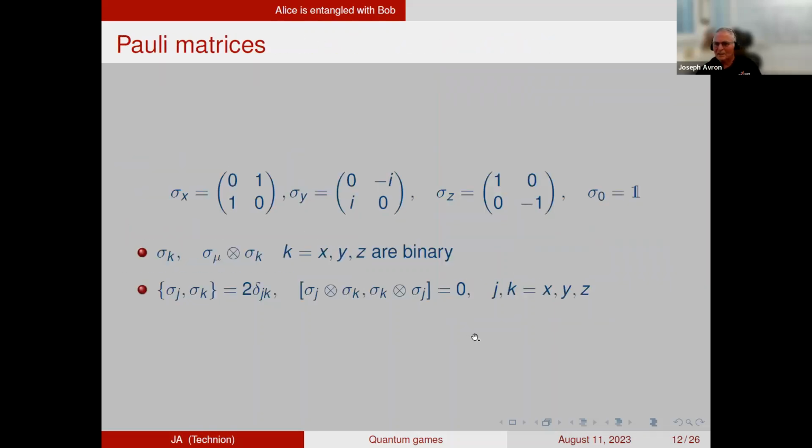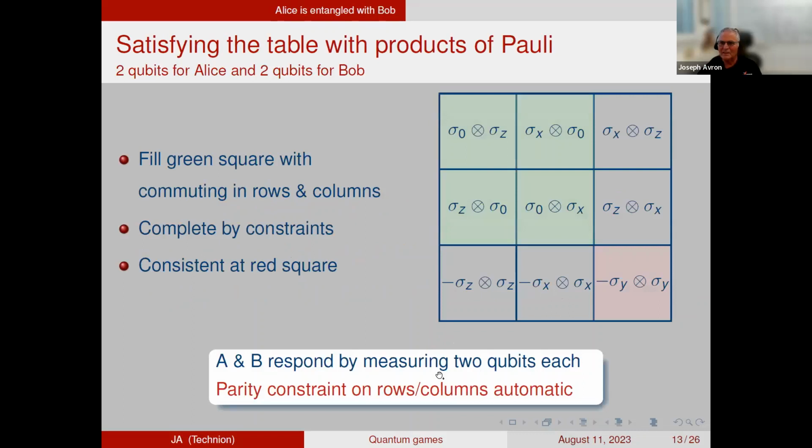Okay, and now the claim is the following, that here is a way of building a table that will satisfy all the constraints I mentioned before. So, for example, in this square, we put the identity tensor product with Pauli matrix sigma z. In this entry, we put minus sigma x, tensor sigma x. And now you can check, it's not so bad.